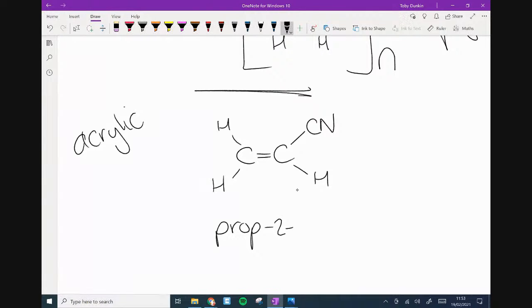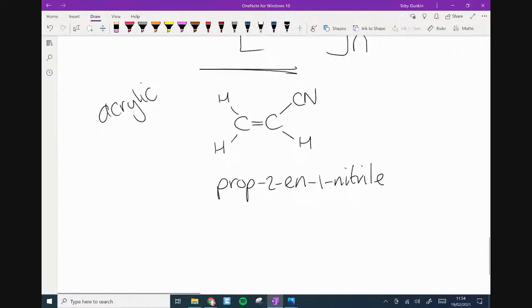Very, very impressed. Prop-2-ene-1-nitrile. You don't need the 1 in reality. You don't actually need the 2 either, but it's better to use it. Prop-2-ene-1-nitrile. So, by the way, this little group up here, the CN, is a nitrile family, one of the 10 AS families.